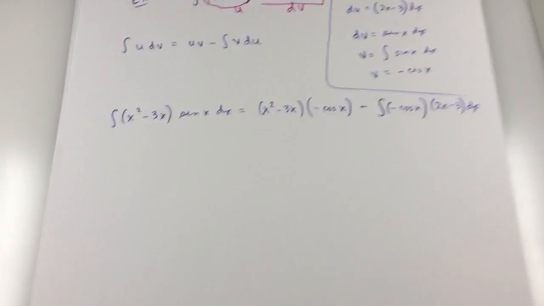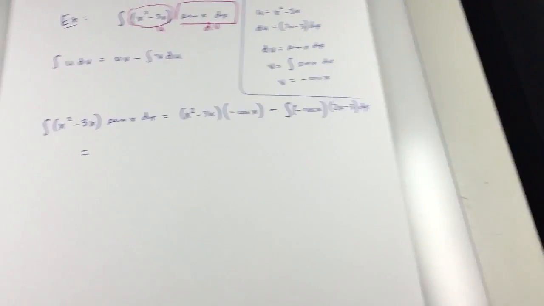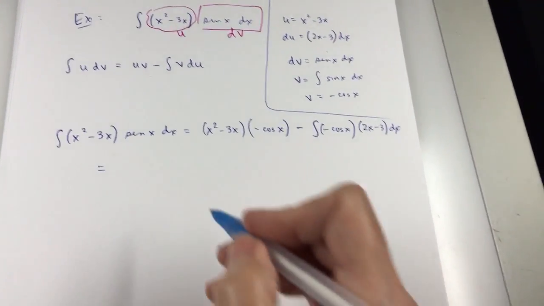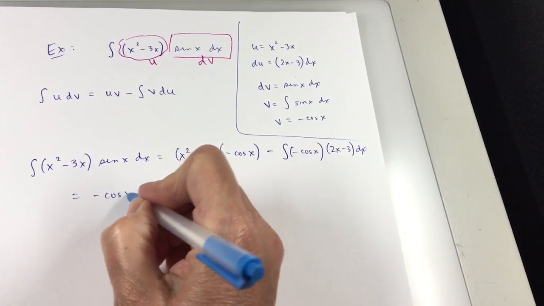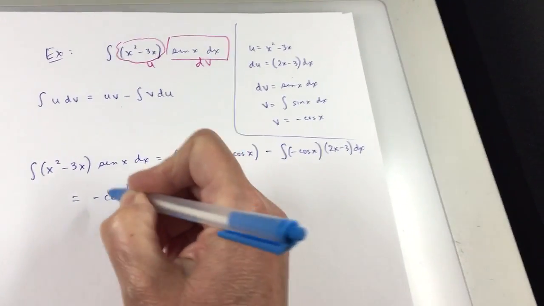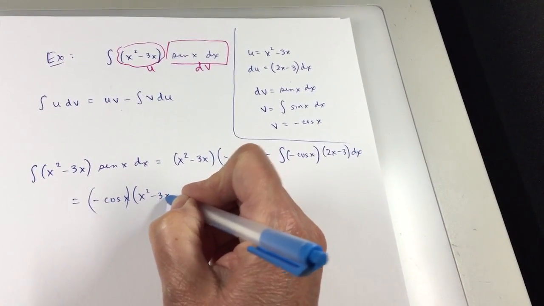I'm going to have to scoot this over on the page and clean it up a little bit. So I'm going to put negative cosine x in the front. I'll even put that in parentheses, times x squared minus 3x.